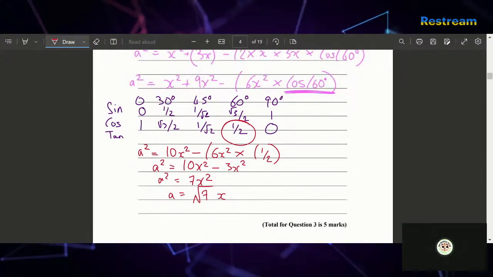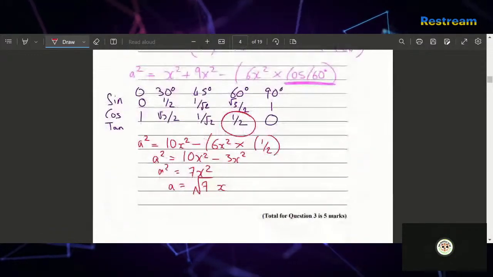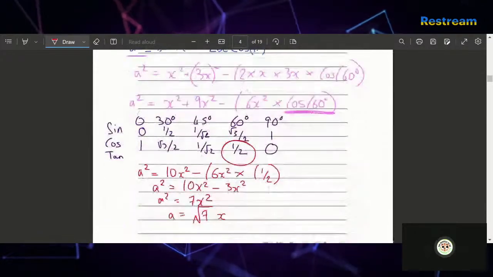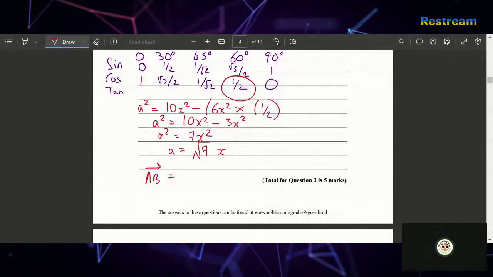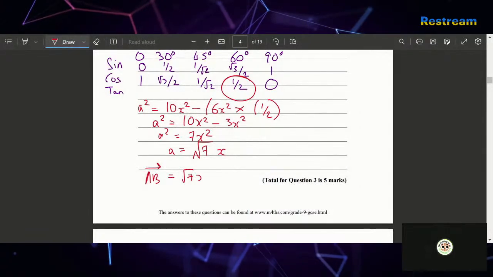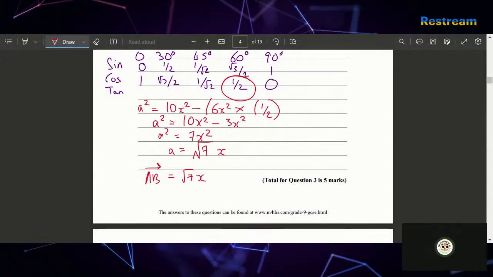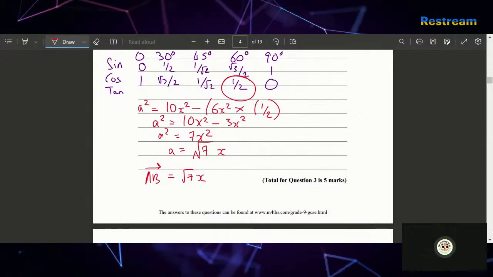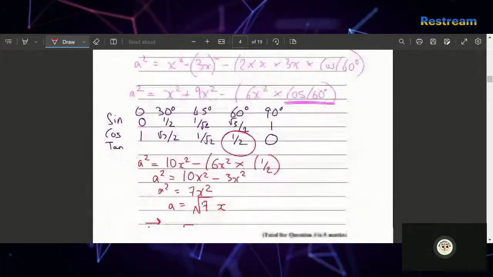And then, so now we have the length of AB. So we know that length AB is equal to root 7x. So now, to find the perimeter, you're just going to add this length to the other two lengths, which are x and 3x.